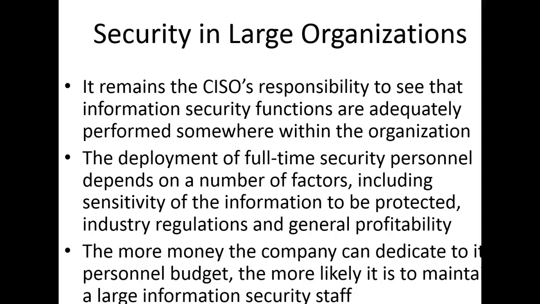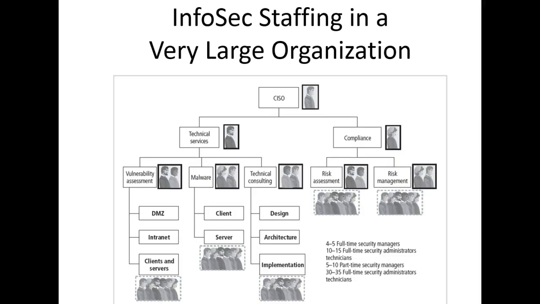The more money the company can spend on its personnel budget, the more likely it is to maintain a large information security staff. So this is an example of an org chart of information security staffing in a very large company.